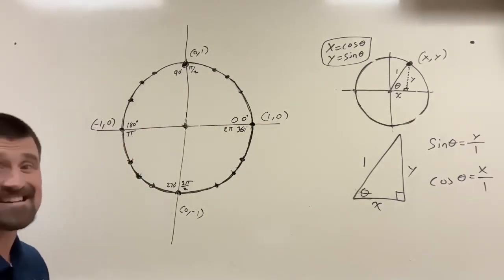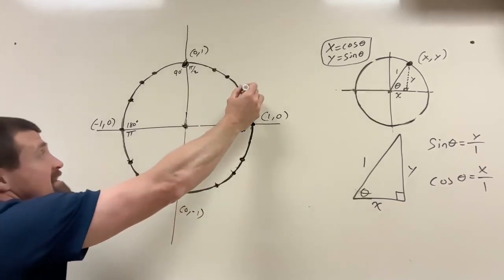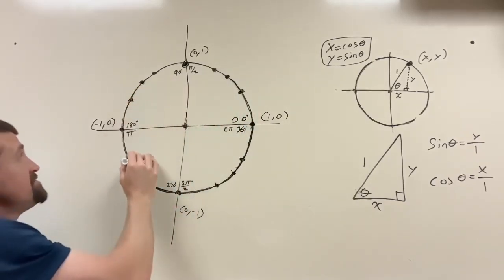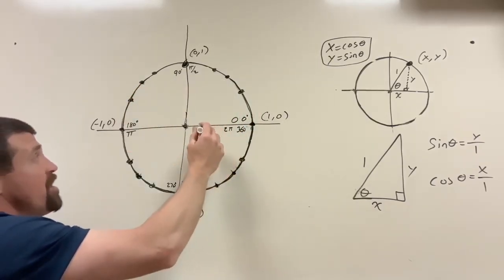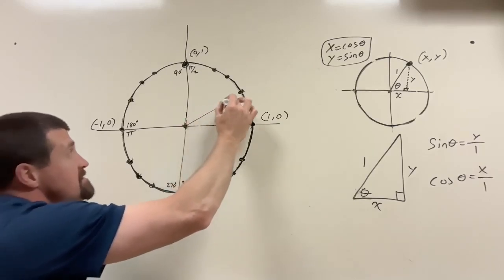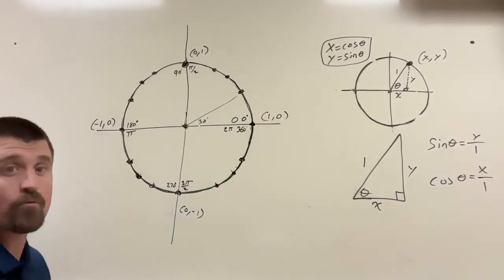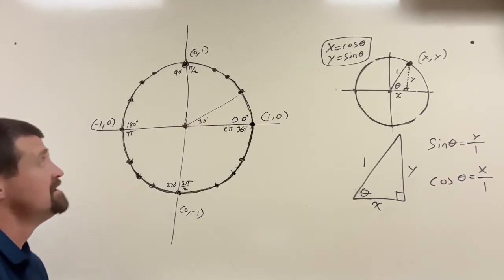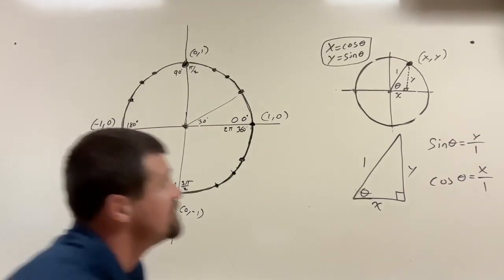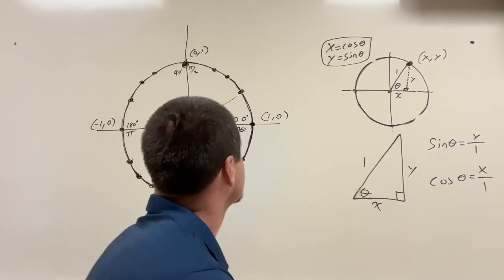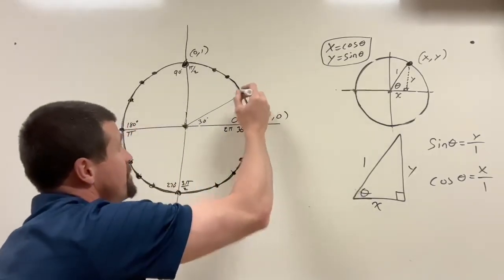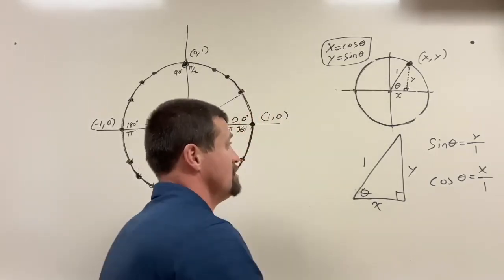All right, next, I'm going to look at these 4 locations. They are all 30 degrees away from the x-axis. They'll have a reference angle of 30 degrees. All right? So what that's going to do is give me a 30-60-90 triangle.